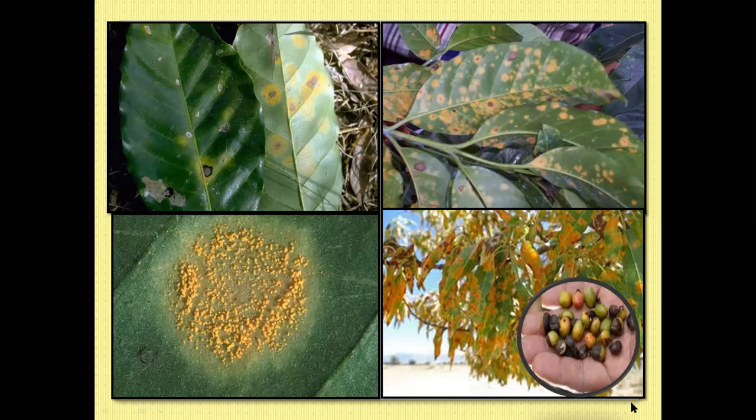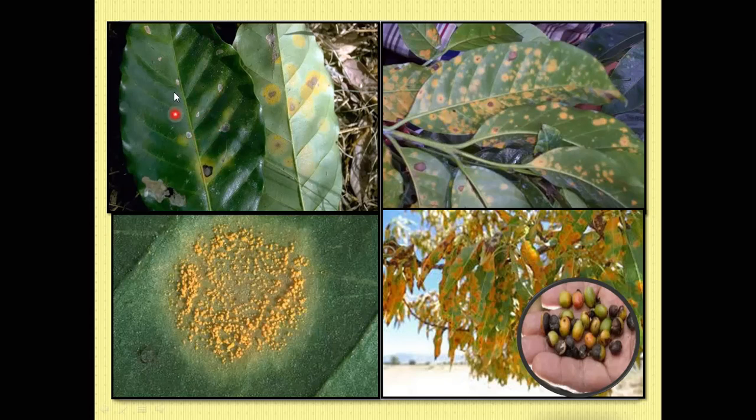Initially, the most prominent symptom is generally seen on the younger leaf rather than the older leaf. The most prominent symptoms initially develop on the younger leaf as orange yellow spots.